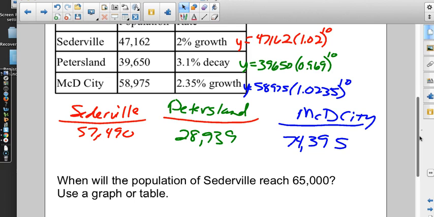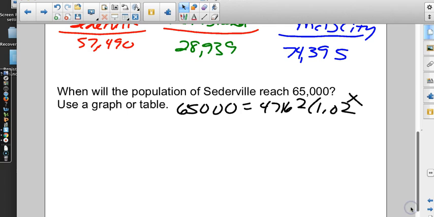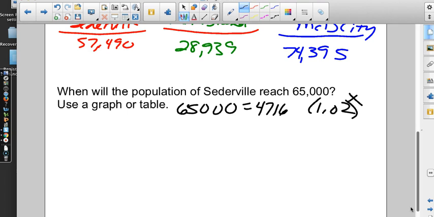Well, 65,000 would go in for Y. And we'd have 47,162 times 1.02, but we're going to change that to X because that's what we don't know. We don't know how many years it's going to take. Oh my goodness. I know I don't write well when I'm writing below myself, but that was really awful. 47,162 times 1.02 to X.